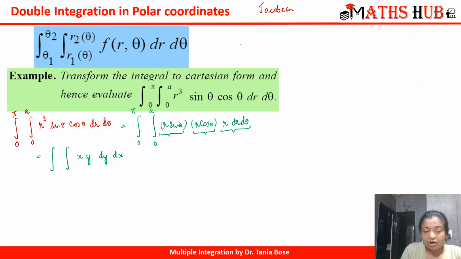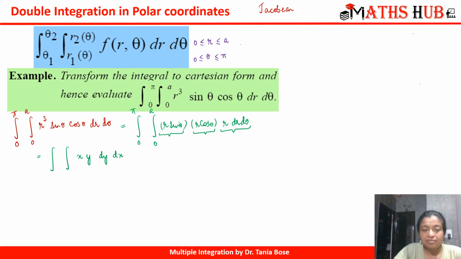Now let us try to plot this region. If you check the limits of the given integral, the limits of r range from 0 to a, right? So we have a circle with radius a, and the limits of theta range from 0 to pi.